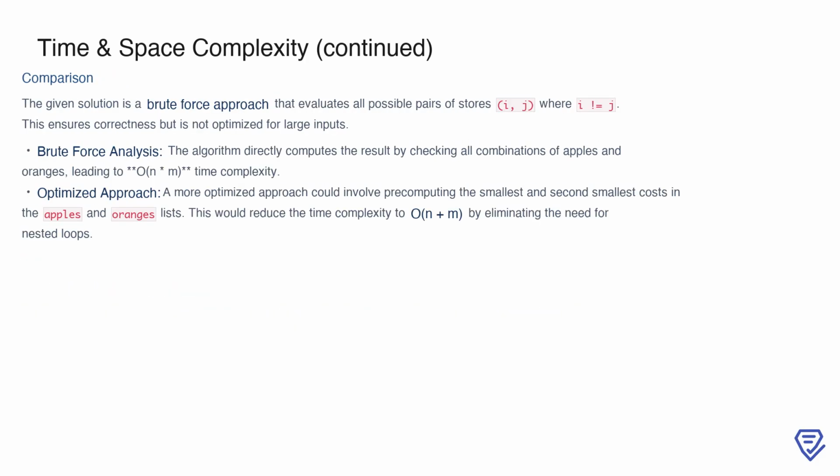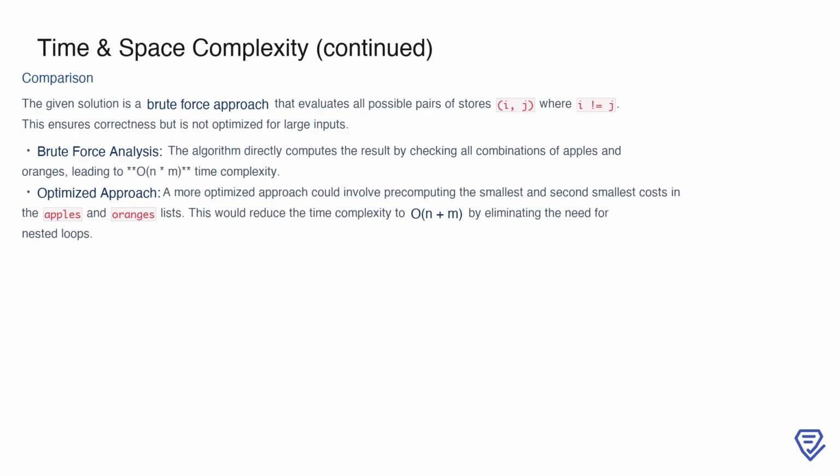The current solution is a brute force approach that systematically evaluates all possible pairs of stores i, j, with the condition i not equal to j. While this ensures correctness, it is not efficient for larger input sizes due to the O(n*m) time complexity. This inefficiency arises from the nested loops that compute the result by directly checking all combinations of apples and oranges.